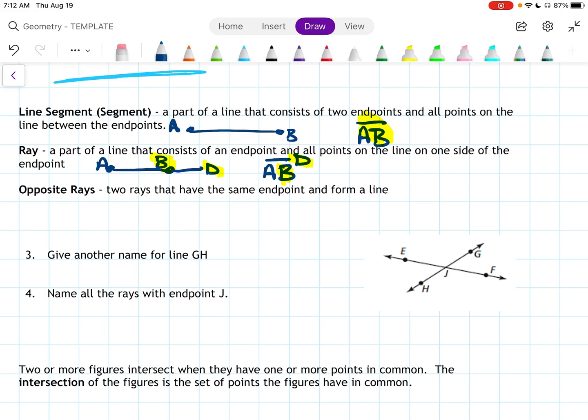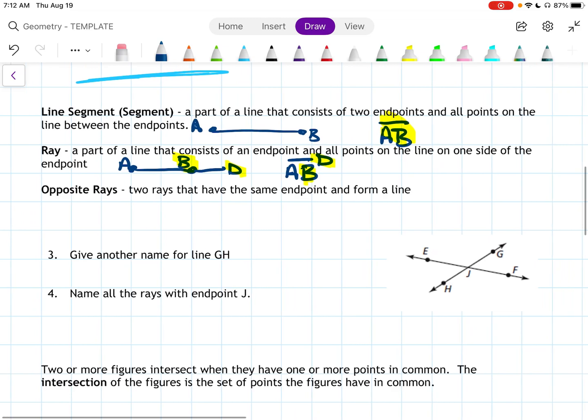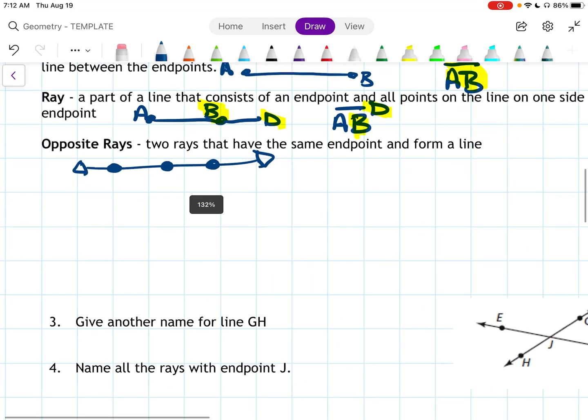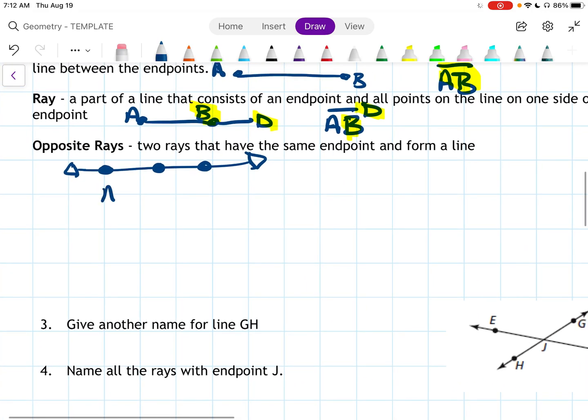Next up, opposite rays. So opposite rays would look something like this. If we have a line, we have 3 points. We'll say we have A, B, and C. There's a ray right here. The purple piece there is a ray, and the green piece is a ray.